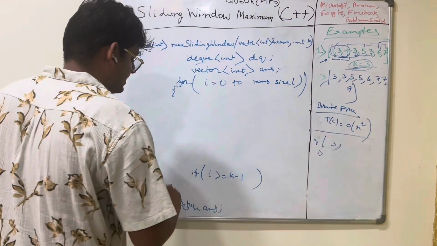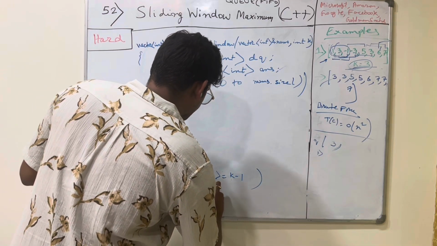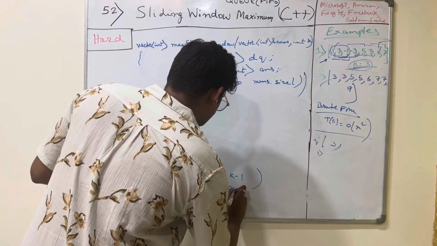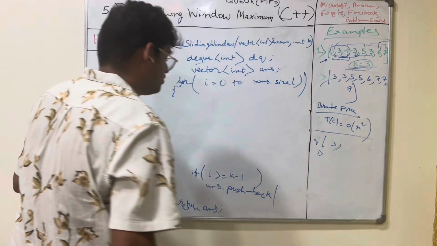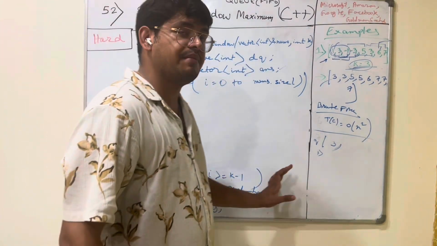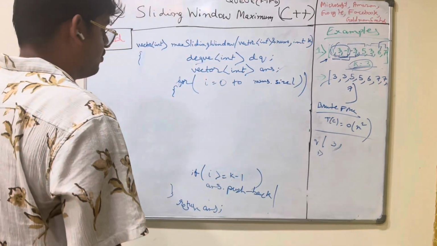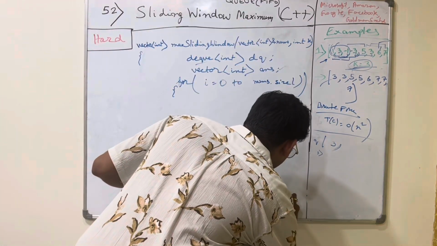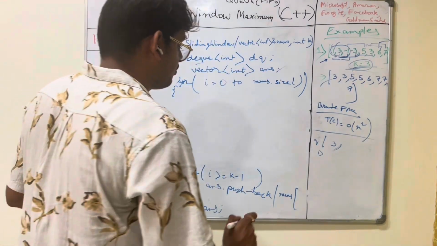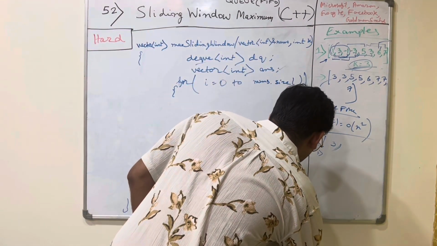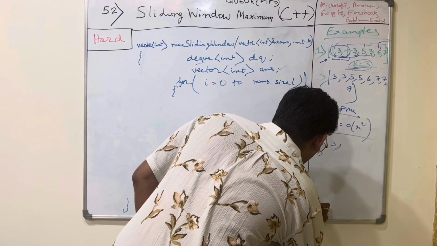So if that is the case, we will push the answer to the vector. And what will we push? We'll push the element that is at the front of the queue. So we will be storing the position of the element in the queue, and we get the element by dq dot front.